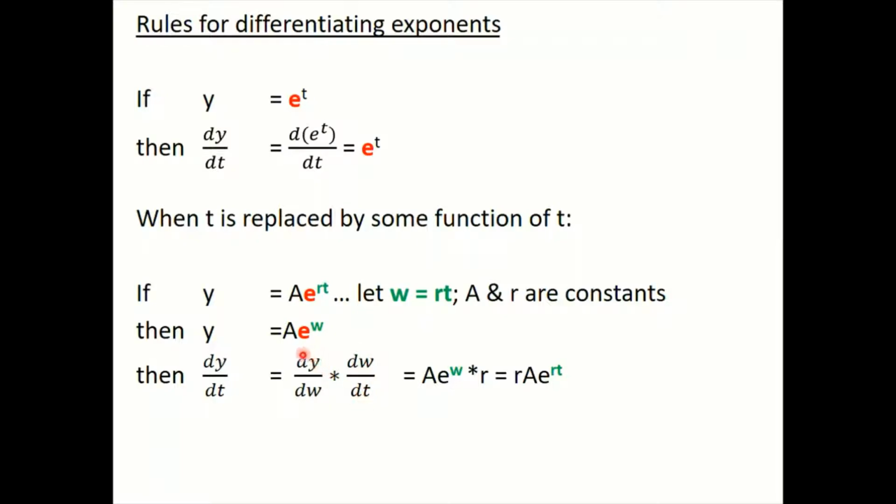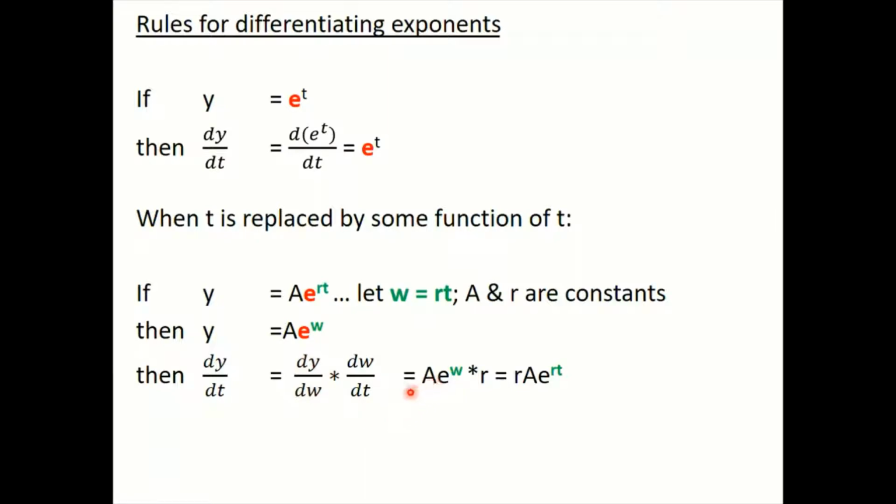The derivative of y with respect to w: we are working with this function here, and we know its derivative will be equal to a times e to the power of w. That's this part of the chain rule.